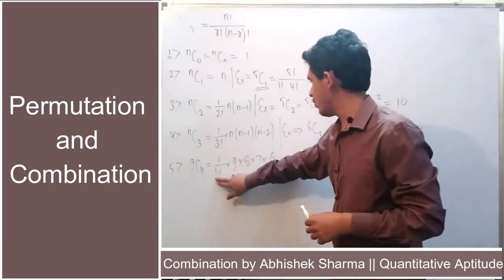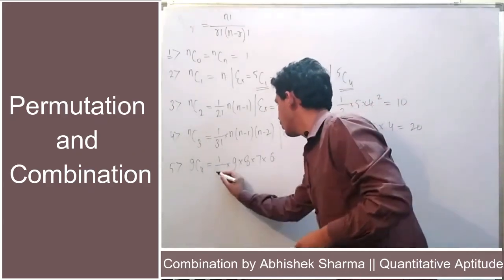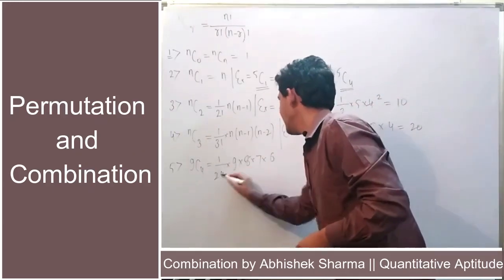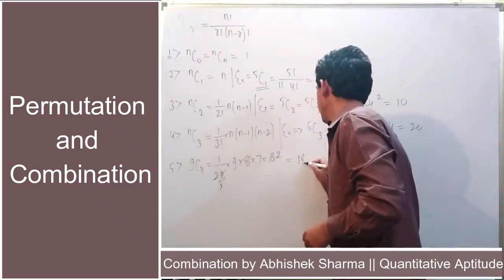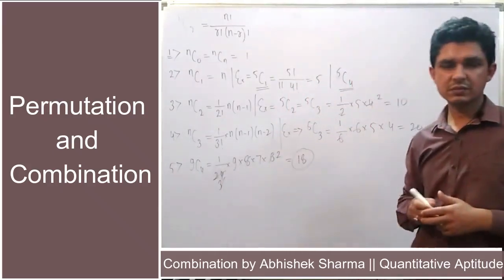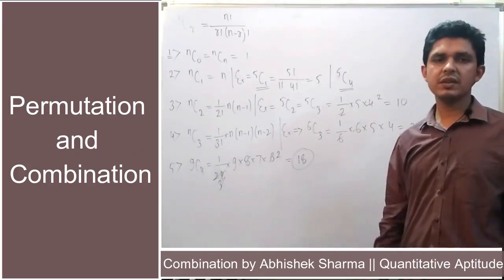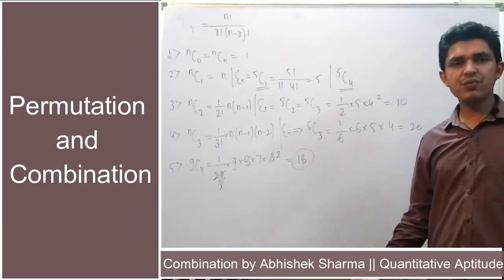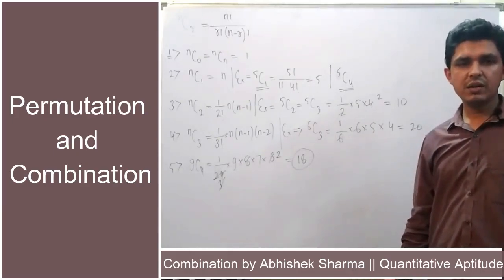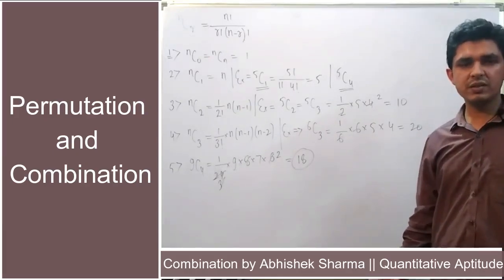Putting the value of factorial 4 here, factorial 4 is 24, 8 3s are 24, 3 2s are 6, and the value will be 18. So I guess the opening of this formula will be clear to you all. So we can start with the questions.